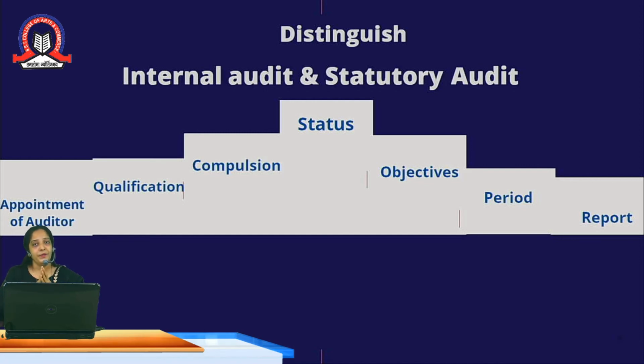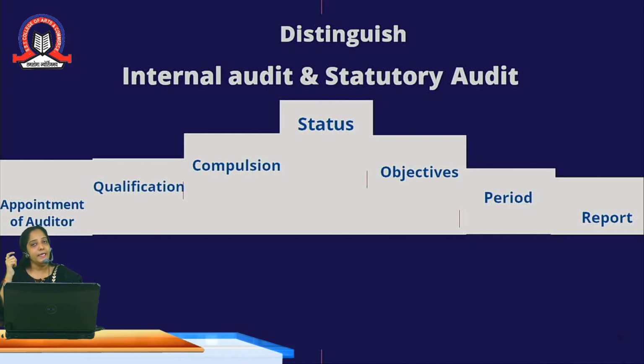Now, duration. Internal audit may be conducted as and when management requires. There is no compulsory fixed duration for the internal audit. However, in case of the statutory audit, the duration is a period of 1 year, which is one financial year.